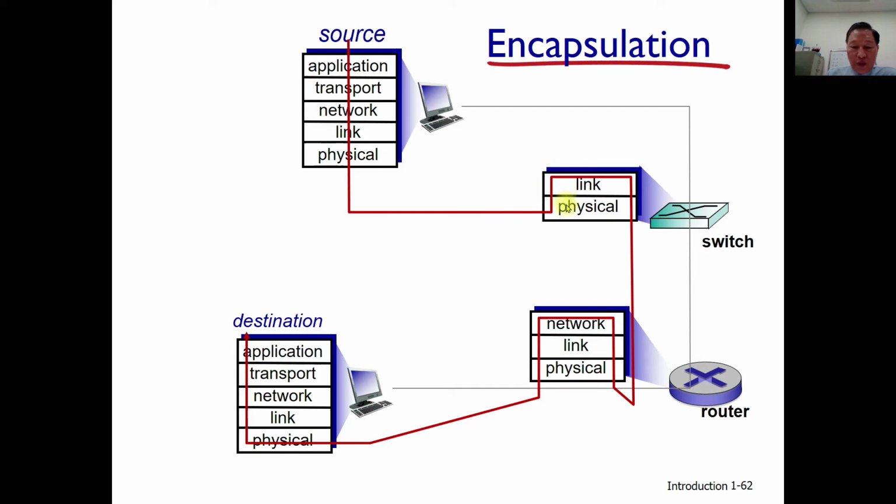It is going through like this, and finally that will arrive there, and in reverse way that will be peeled off. The header will be used for processing. This is the protocol. The protocols are implemented here, mainly in the header, and after peeling off, that will be used for protocol processing. Each header will be used, and finally the main message will arrive at the final destination.